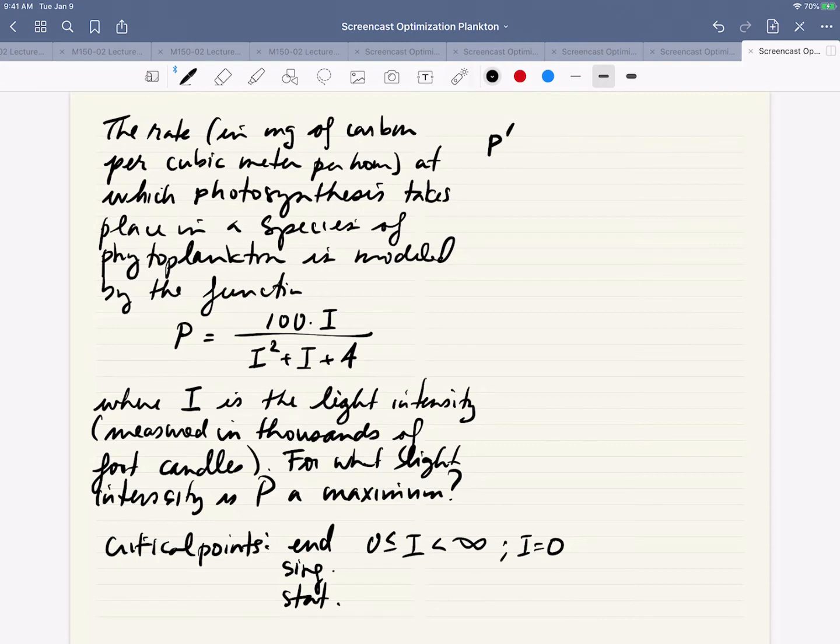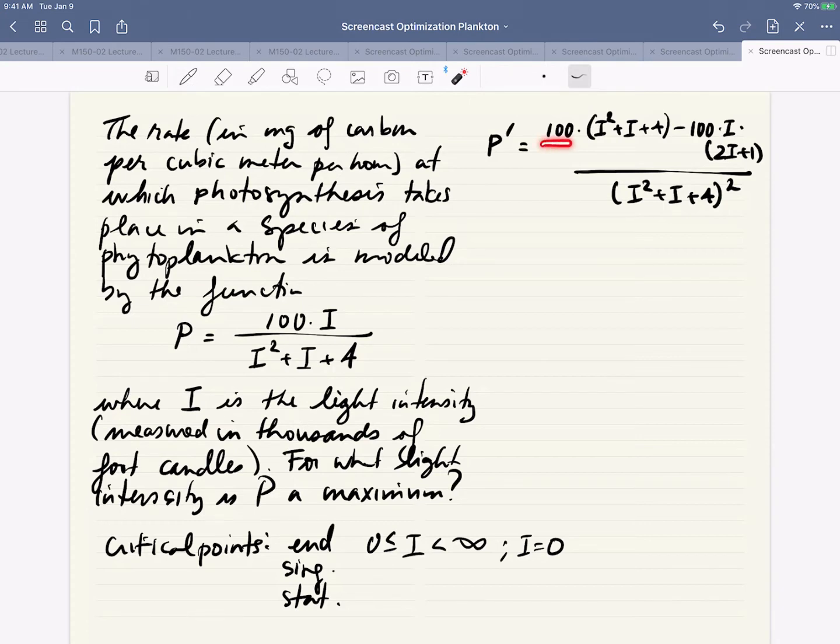So P prime, we need to use the quotient rule. So that's the derivative of the top times the bottom minus the top times the derivative of the bottom, all over the bottom squared. Let's simplify this before we do anything else.